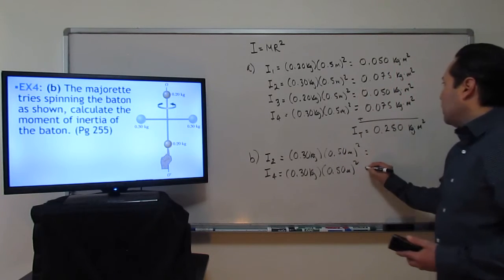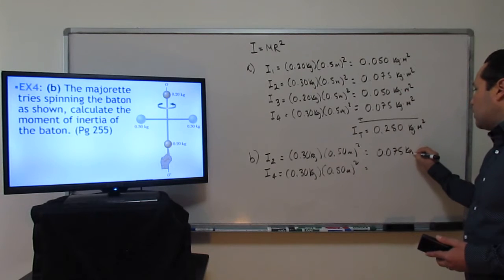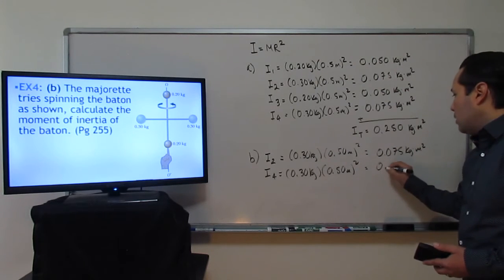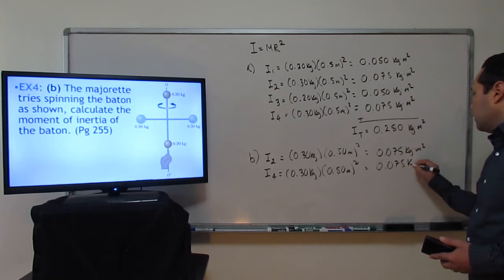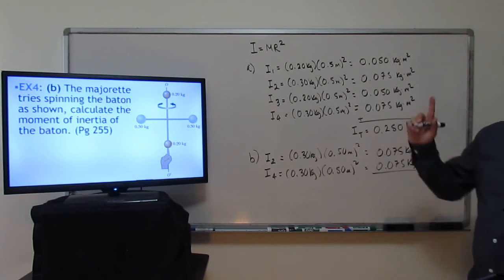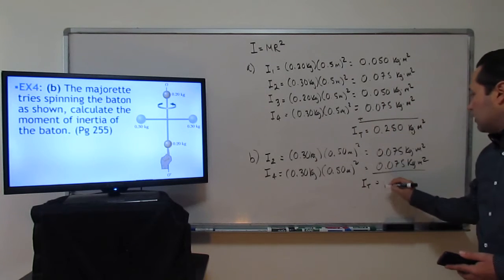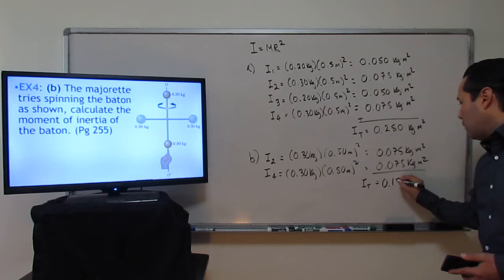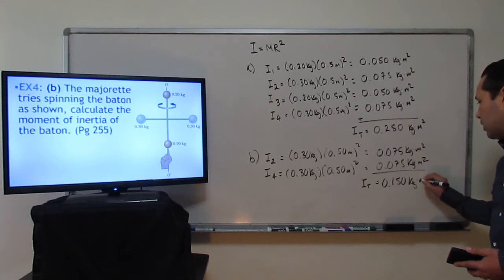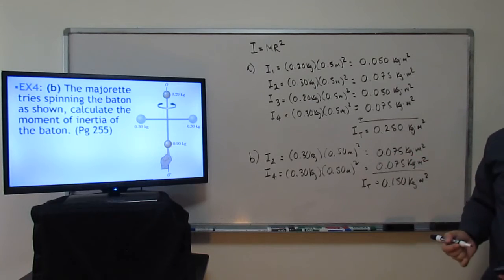So that's going to give us what we had up here, 0.075 kilograms times meters squared for both of these. So put it together. Now what's the new moment of inertia total for that setup? That's going to be both of these added together, and it's 0.15 kilograms times meters squared. So that's the answer for parts A and B of example 4.